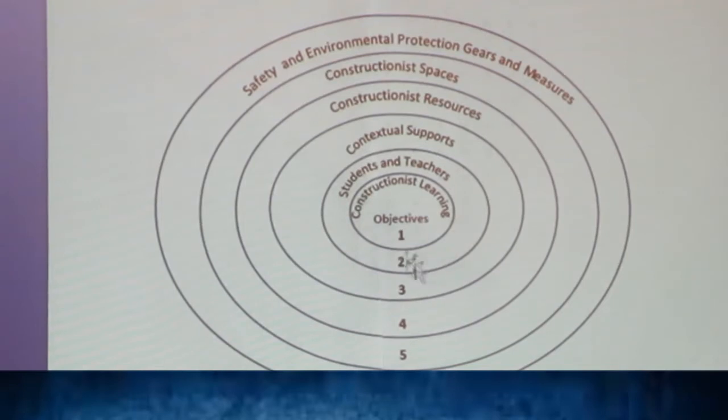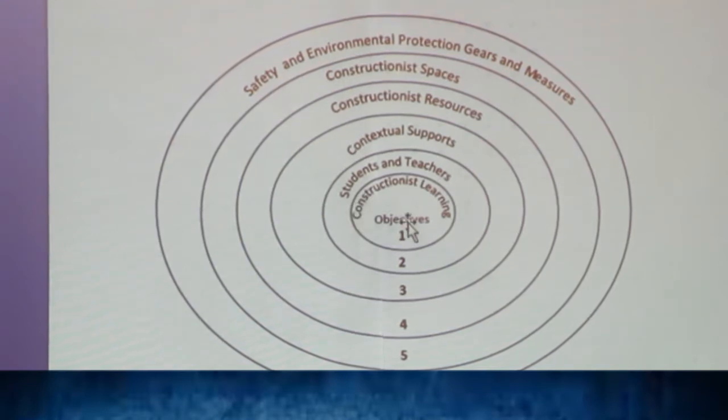So here is the model and design theory for creating constructionist learning environment as proposed by Zebedayo Kyomo. In the inner cycle, you have constructionist learning objectives. Then you have beneficiaries or implementers of the constructionist learning objectives, who are students and teachers.